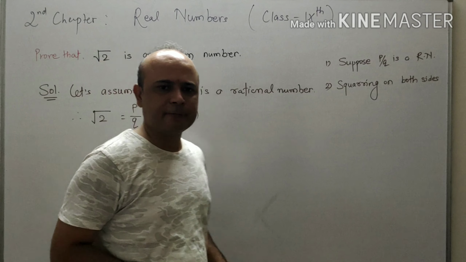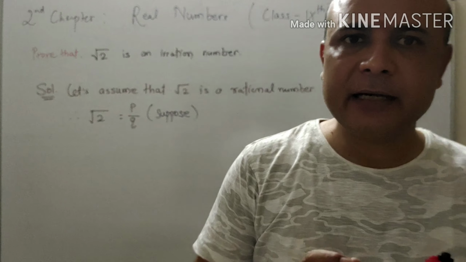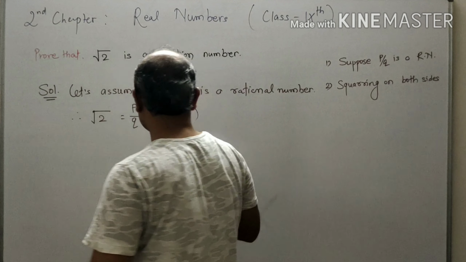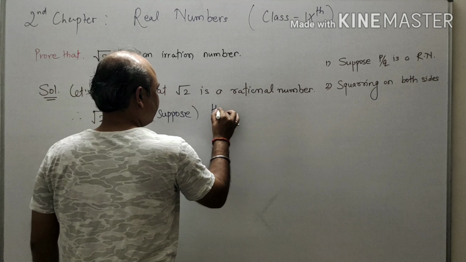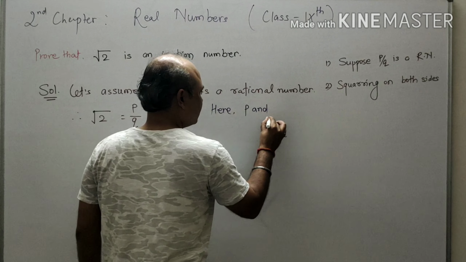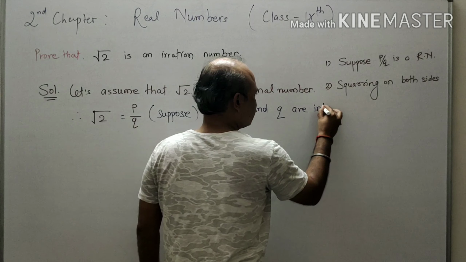We will write here p and q are integers, and p and q have no common factors. What you are going to write student? Here p and q are integers.